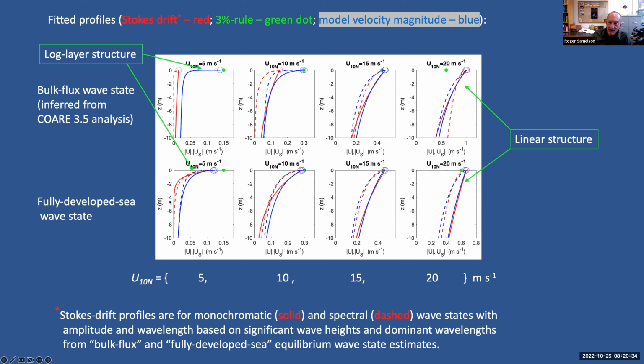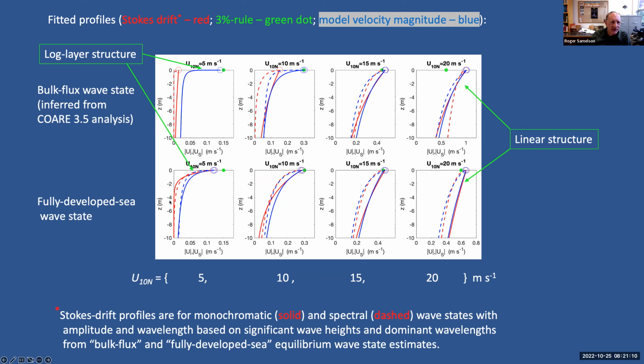So I take those as a prediction of what it should be, in other words, take them at face value as an estimate of what the drift actually is, and use that to constrain the mean shear and something about the dependence of the mean shear on the 10-meter neutral wind through the assumption of the equilibrium wave state. Then also at the surface, in a few instances, especially for low wind speeds, I impose this 3% rule or something like it.